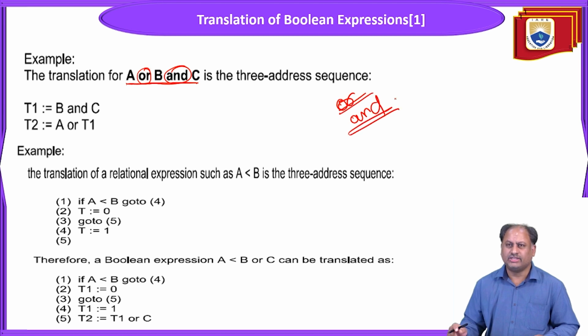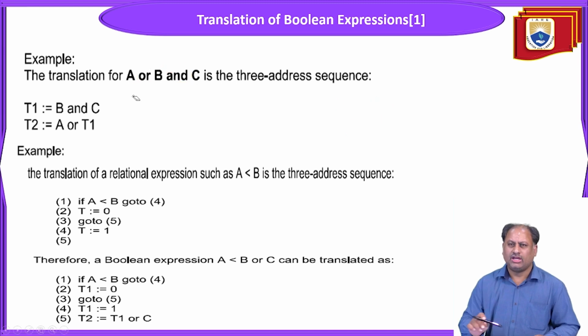Now for these two cases, we are going to simplify the given Boolean expression into a three address notation in such a way that it contains at most one operator and three operands. So we have to consider the three address sequence notation by applying our previous notation.